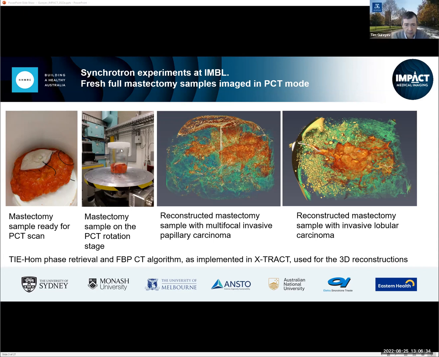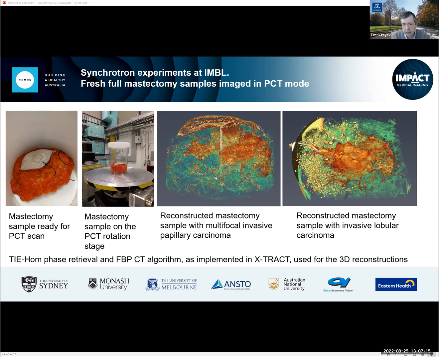So we place the sample in the plastic container, put it on the rotating stage, irradiate it, collect many images at different rotational positions, and then reconstruct the 3-dimensional distribution of the internal structure of the object using a combination of the homogeneous transport of intensity equation phase retrieval algorithm and the filtered back projection computer tomography reconstruction algorithm as implemented in our proprietary software X-TRACT and its different versions.